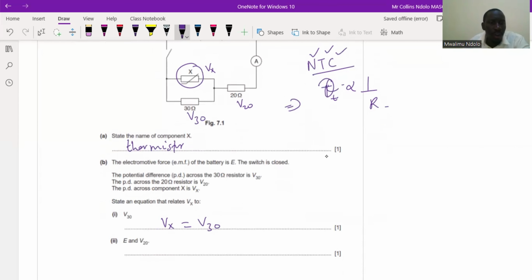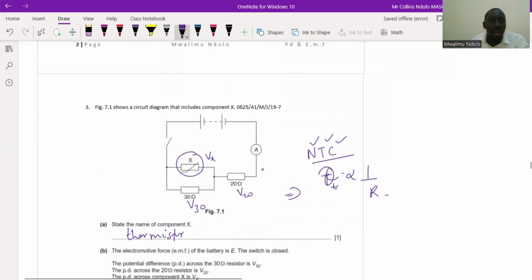Roman 2, E and V20. So remember the combination of the thermistor and the 30 ohm resistor is in series with the 20 ohm resistor.